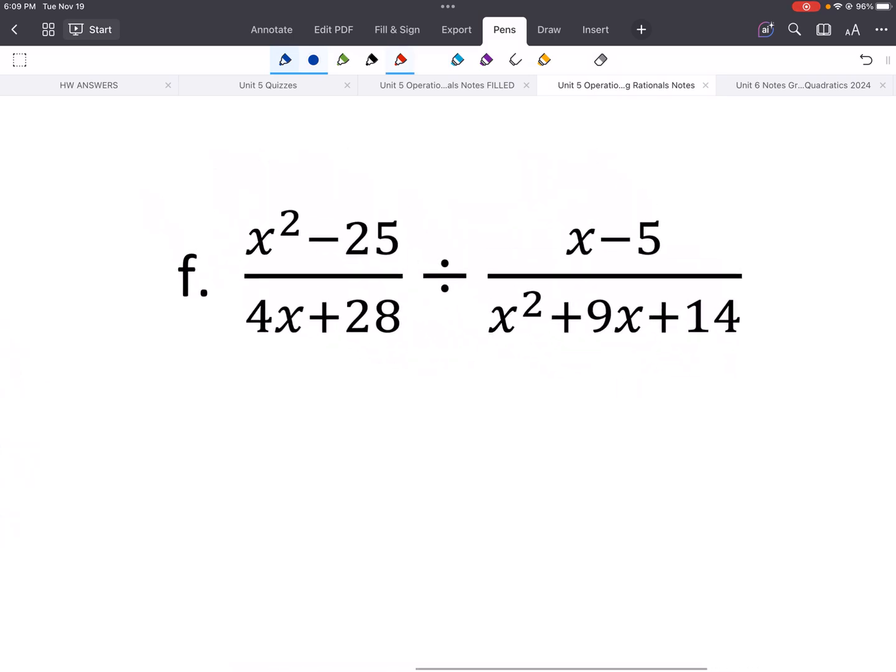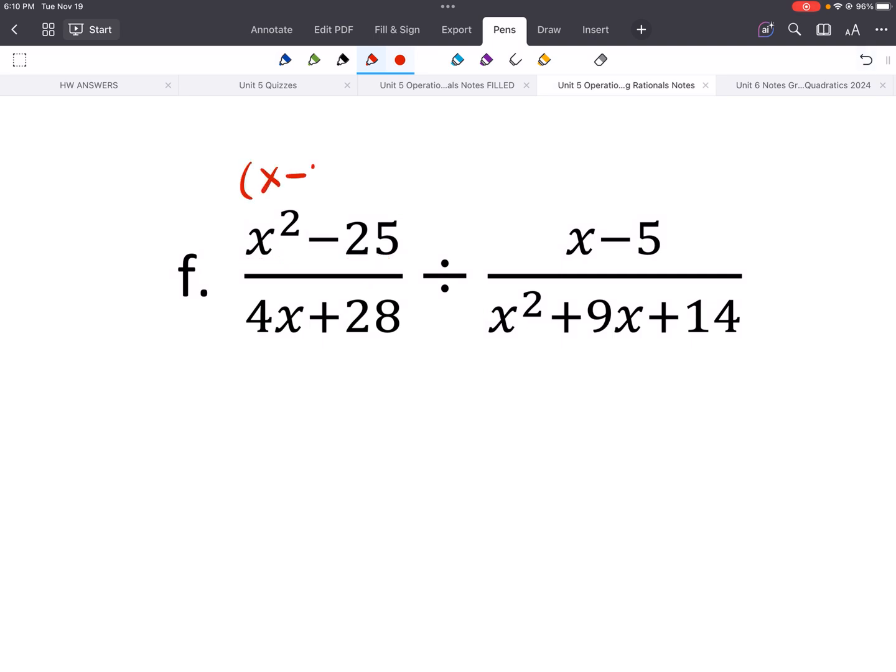Okay, so here's an example that is as hard as it could get. At least with factoring, it kind of covers all the things that could happen. The first one is the difference of squares. This is x squared, and this is 5 squared. 5 squared is 25, right? So that would be x, and 5 would be what we'd put in these factors.